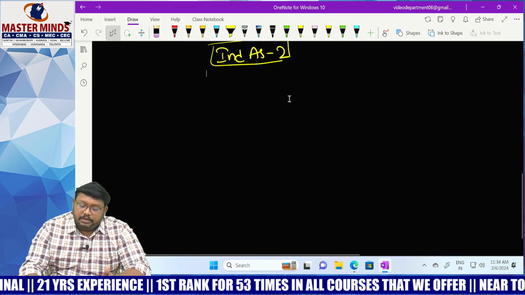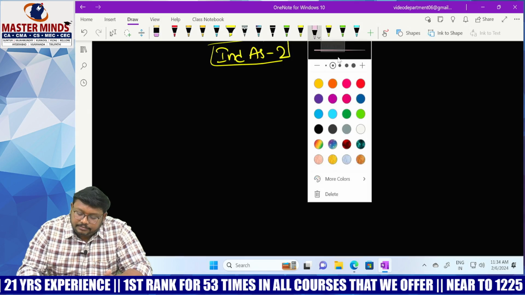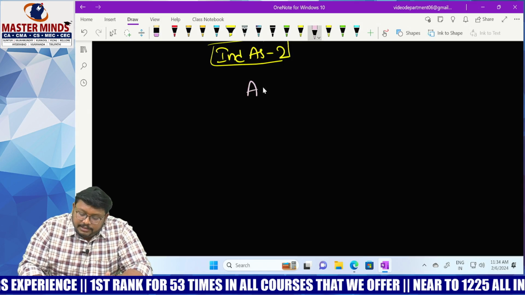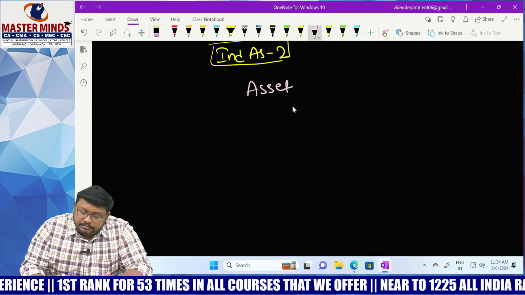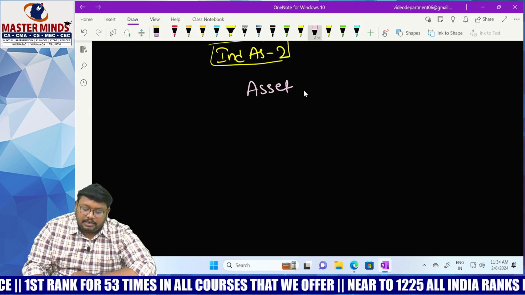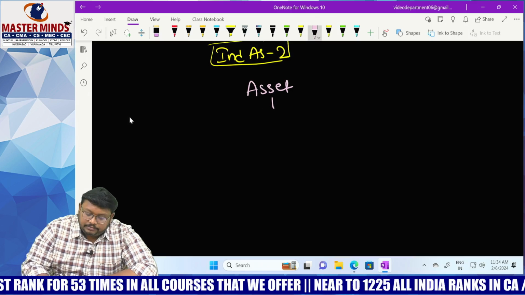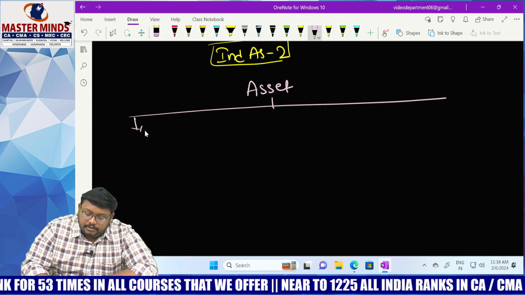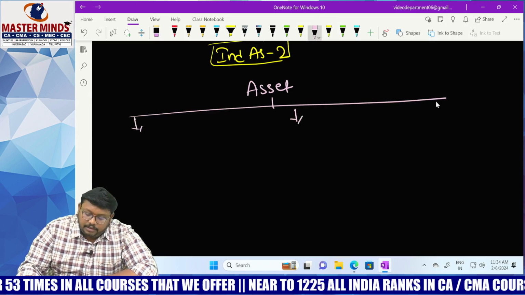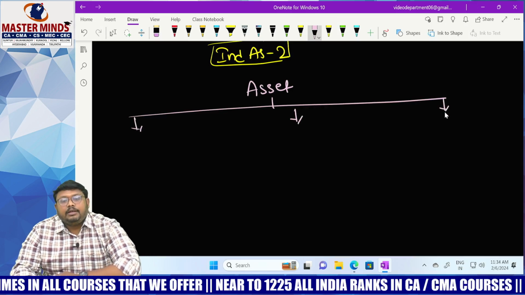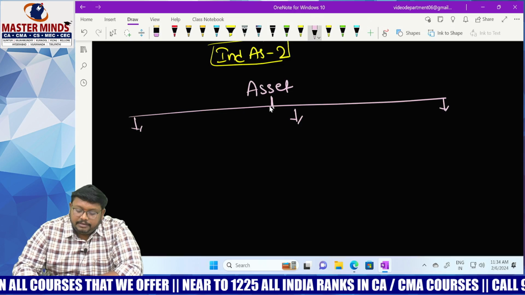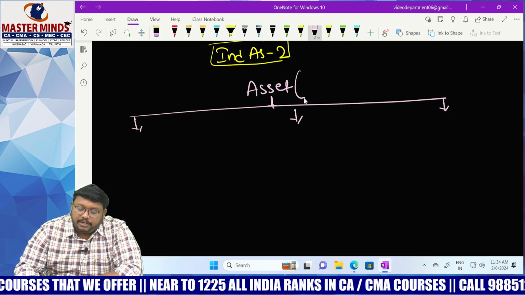And coming to what is meant by an asset? Asset consists of majorly three elements. So what is meant by an asset?